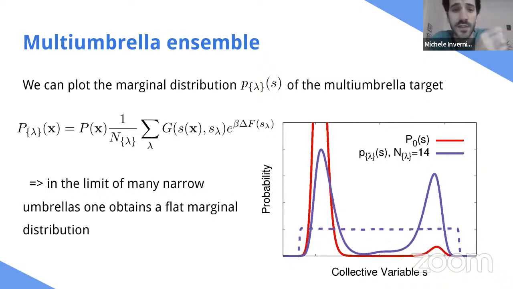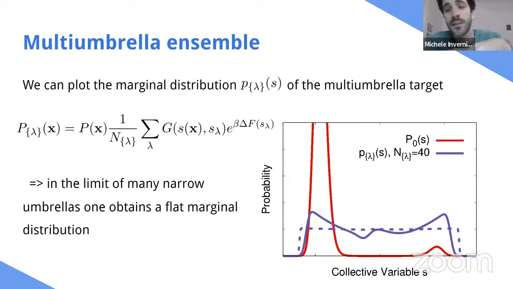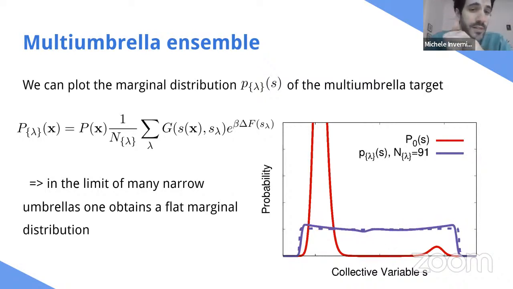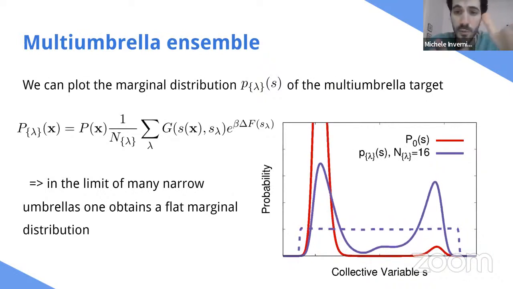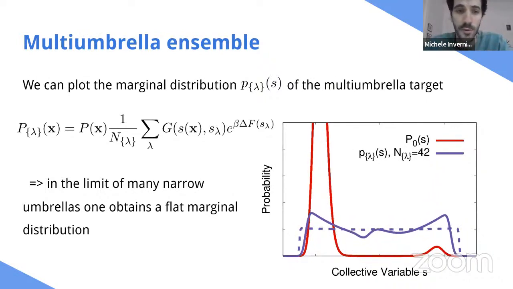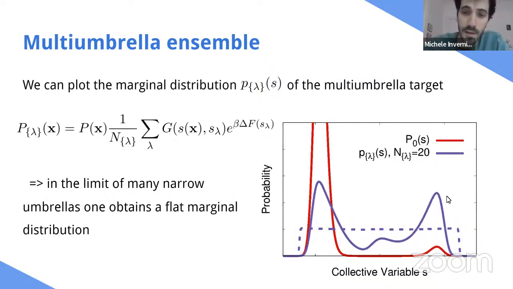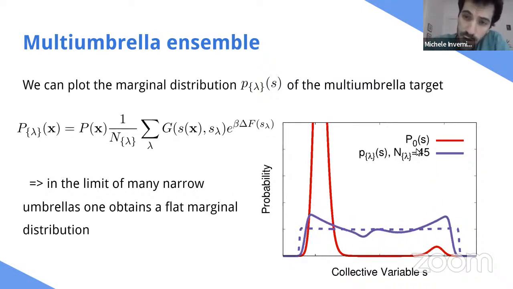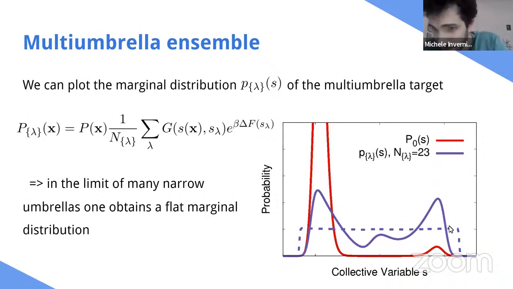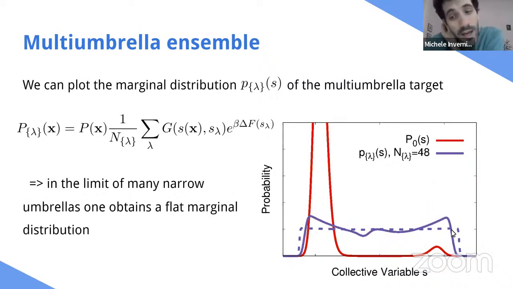This ensemble allows you to sample along a collective variable. But it's interesting to notice that you are not deciding the marginal over this collective variable. In fact, once you choose a number of umbrella windows, you don't know what you're going to sample. What you know is that in the limit of having a lot of narrow umbrellas, all of them overlapping, and this is what I'm showing here in this GIF, as we increase the number of umbrellas, we will sample a flat marginal probability distribution along the collective variable.